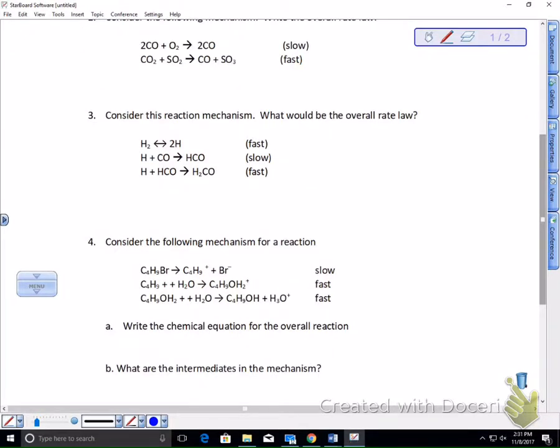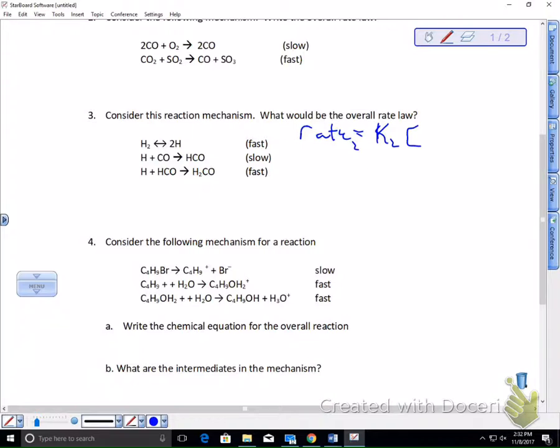So now let's look at number 3. Number 3 is going to be different because the fast step is first and the slow step happens later. So what do we do here? Well, the rate law will still be based on that slow step. So we're going to write k, we'll put a k2 here, just to let you know it's the second step in the mechanism.